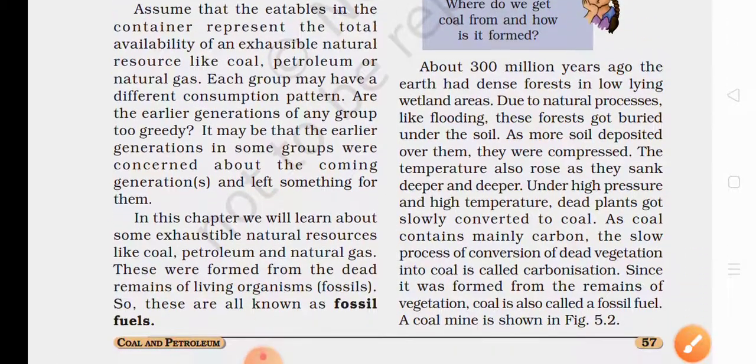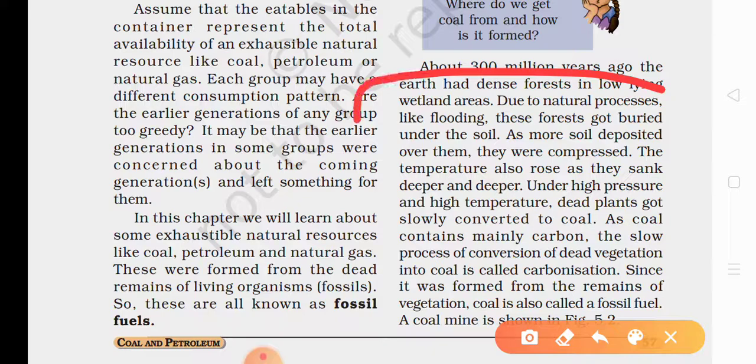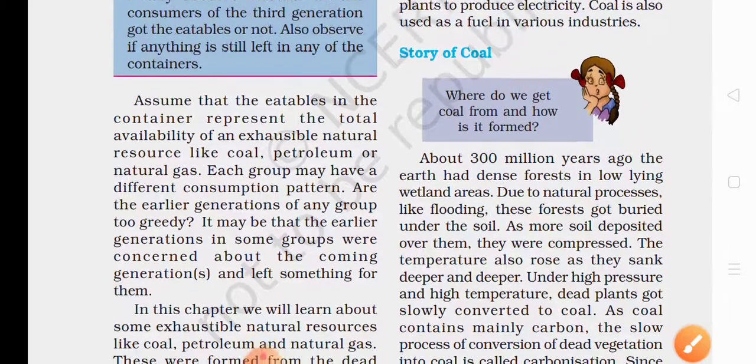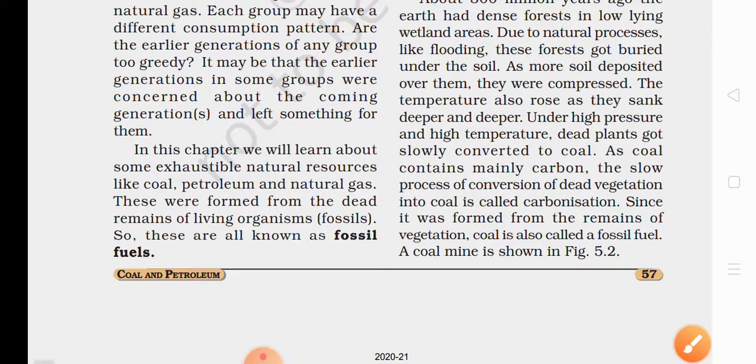Now see students, coal was formed from the remains of plants. Okay, what happens is that due to natural processes like flooding, these forests get buried under the soil, and when more soil is deposited over these plants and forests, they were compressed. What is compressed?